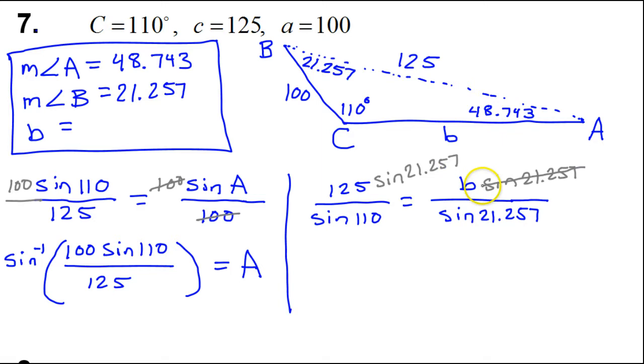Okay, so over here these will cancel out, and that will leave me with B. So I'm just going to put this entire expression in my calculator all at once. So I am getting 48.227. And that's it. We have solved the triangle.